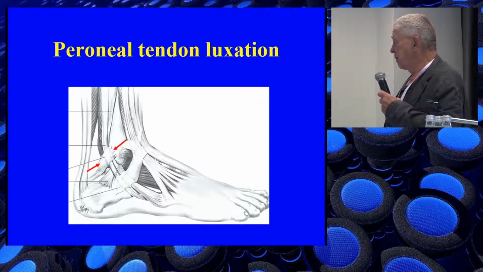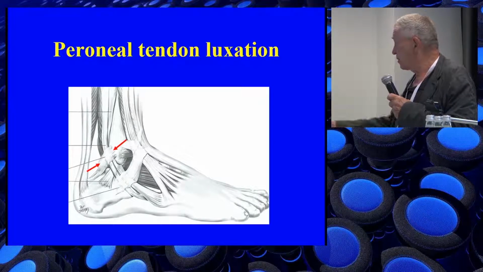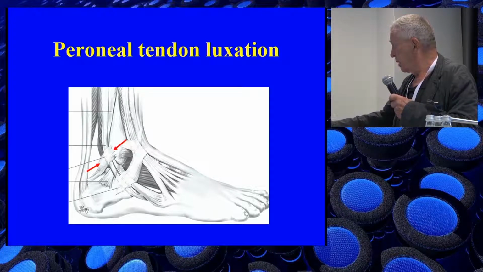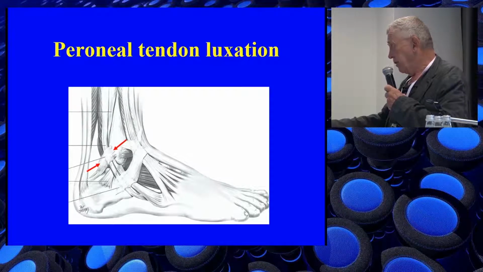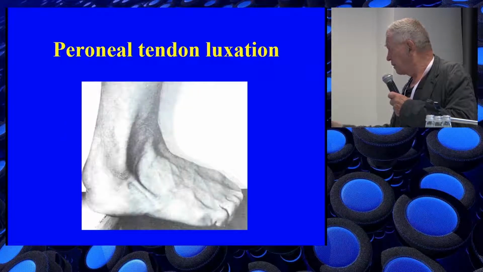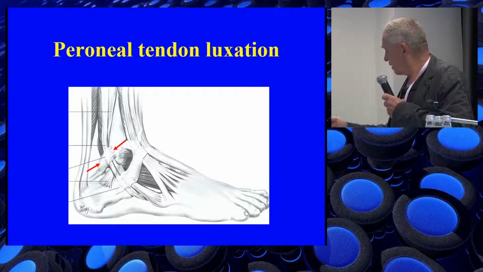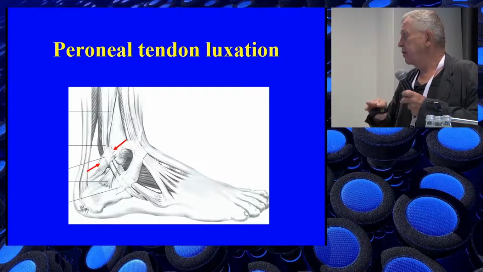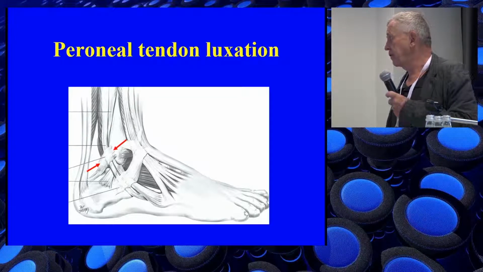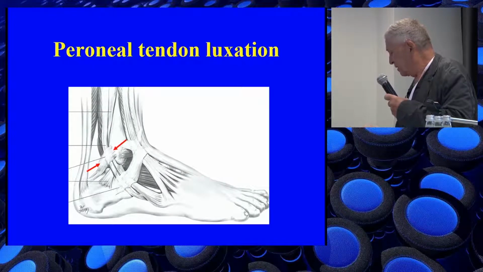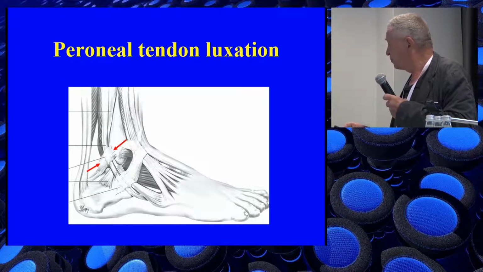Then you have a peroneal tendon luxation. The peroneal tendons are kept behind the fibula by a retinaculum, and when that retinaculum is torn, usually the short peroneal tendon will come under the retinaculum, so it works out like a pouch under the retinaculum, lifting it up, and the tendon is displaced forward.